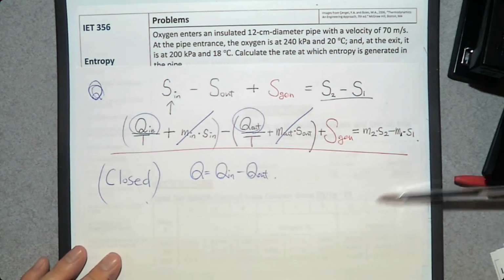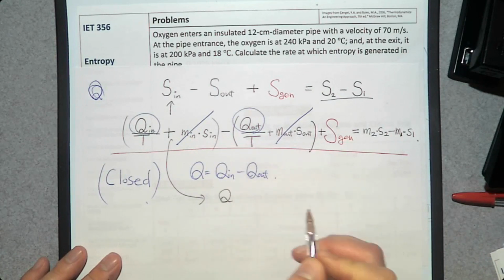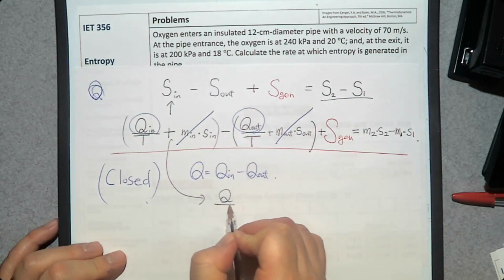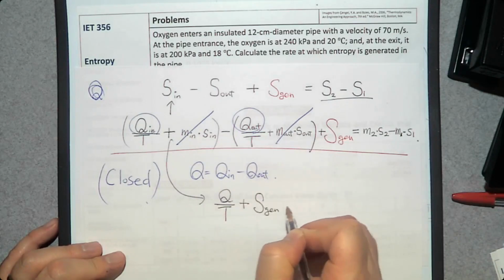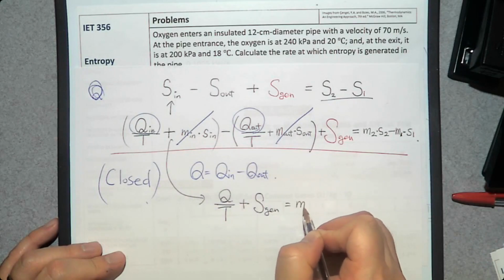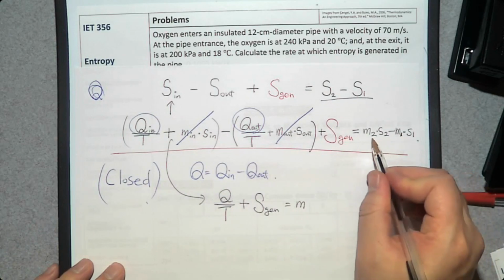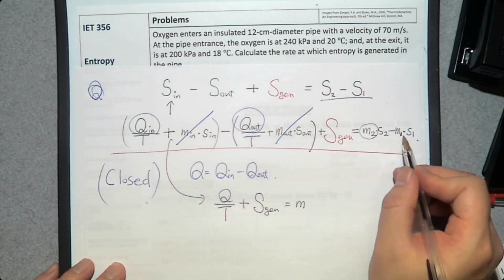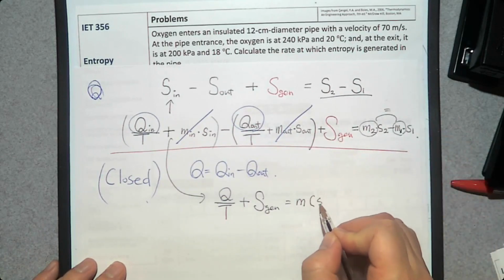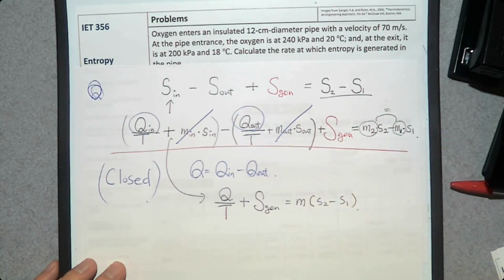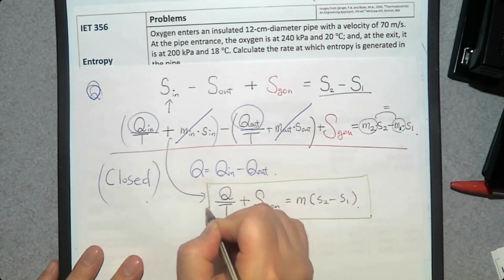Then the entropy balance equation is going to be Q, the net heat transfer, over temperature T plus entropy generation is going to be the same as mass. Because it's a closed system, there is no change in mass. M2, the final mass, and M1, the initial mass, should be the same. So mass times S2 minus S1. So this is the entropy balance equation for a closed system.